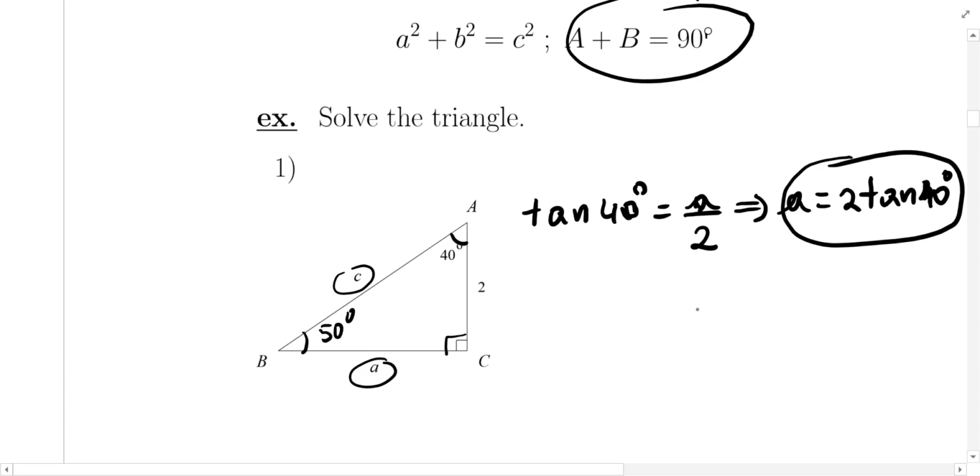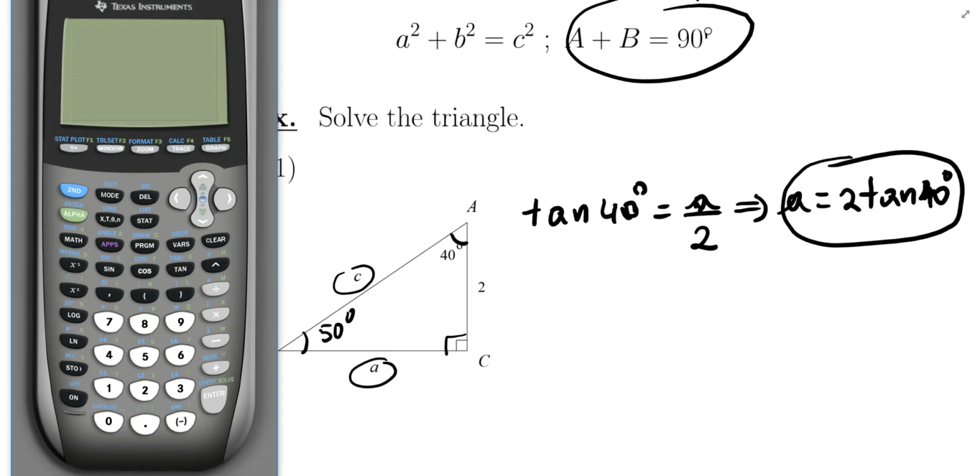So actually, let's do that. If you put it in a calculator, you turn it on first, and then tangent of 40 degrees. Let me make sure that I am in the right mode. I am in the mode of radians, so I need to switch to degrees.